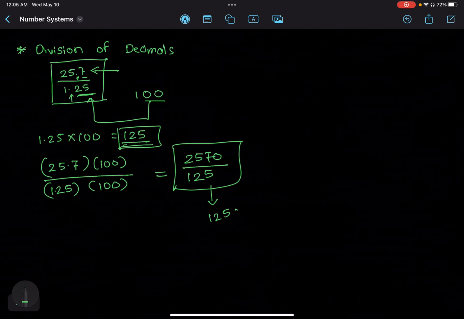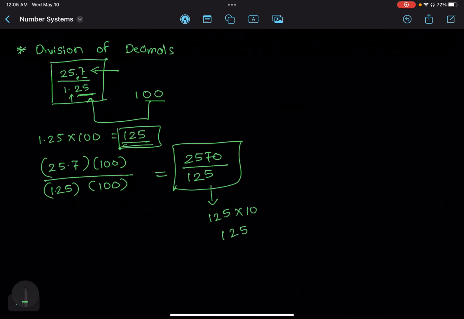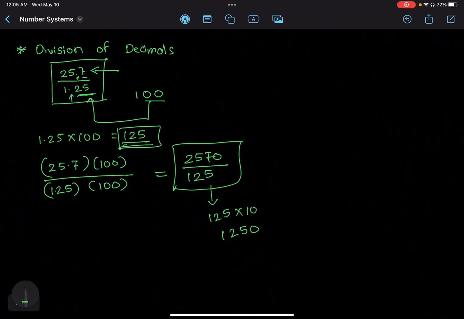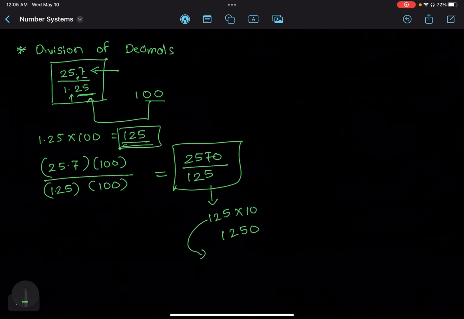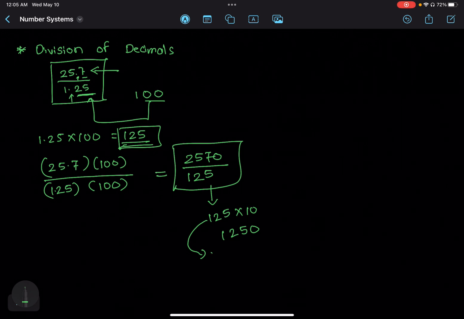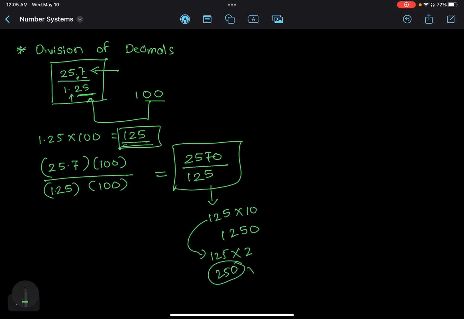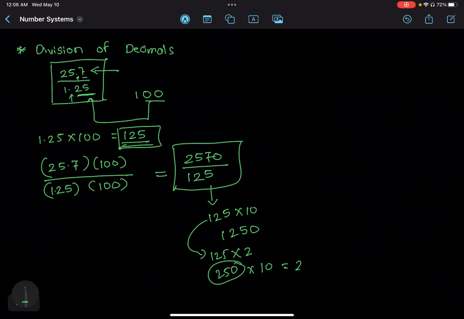Now, moving forward, with my experience, I can easily see 125 when we multiply it by 10, it will be 1250. But at the same time, 125, if I multiply it by 2, becomes 250. And when 250 is multiplied by 10, it becomes 2500.